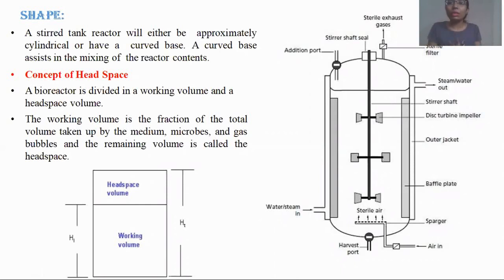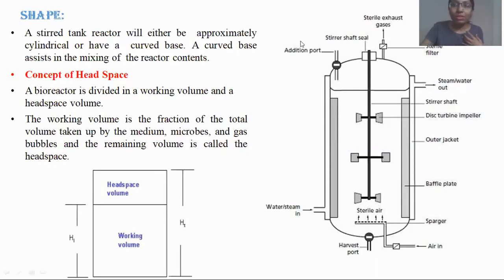Same way you have to imagine, but we will go there one by one. First we will take up the shape of the stirred tank bioreactor. Please remember, there are many different types of bioreactors, like the tower reactor and others. We are learning the stirred tank reactor, and every reactor has its different shape.